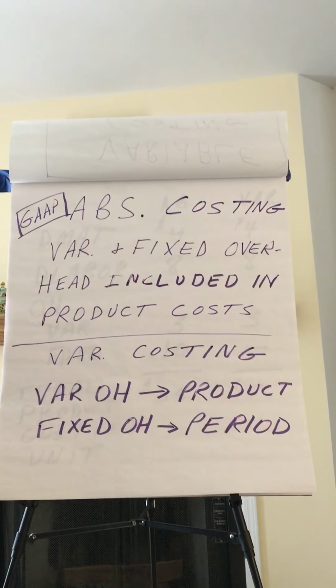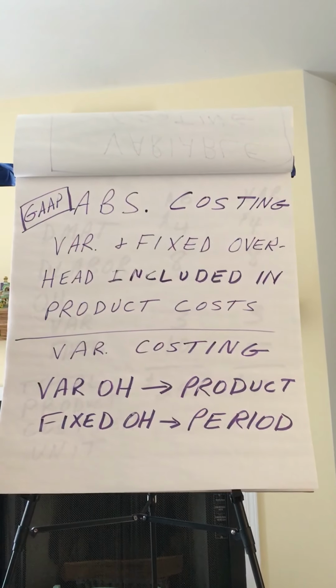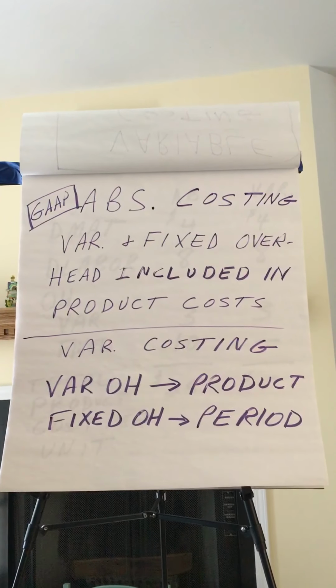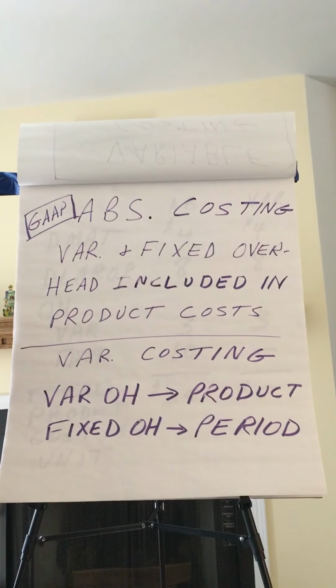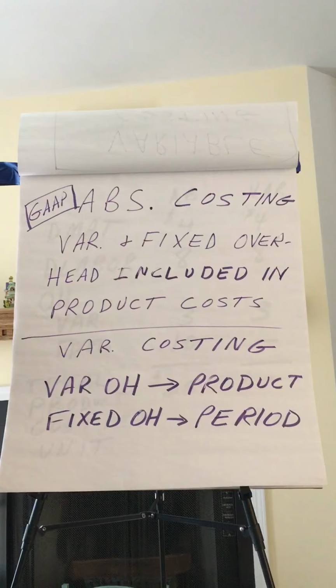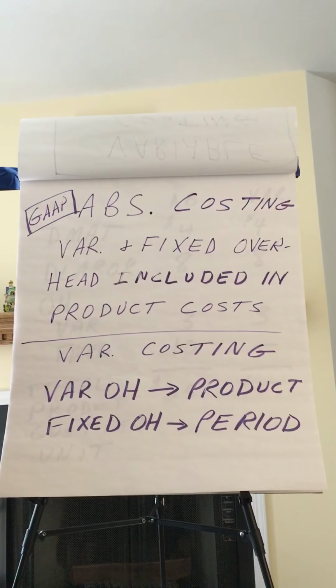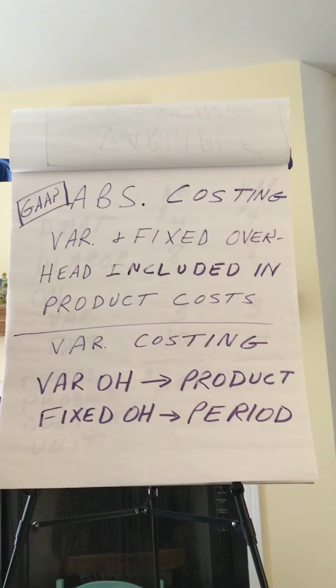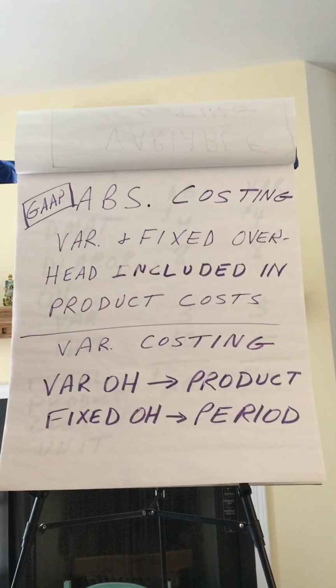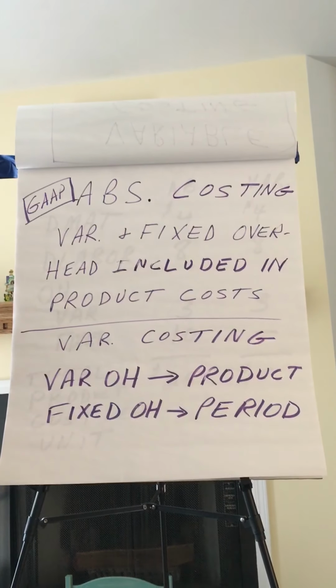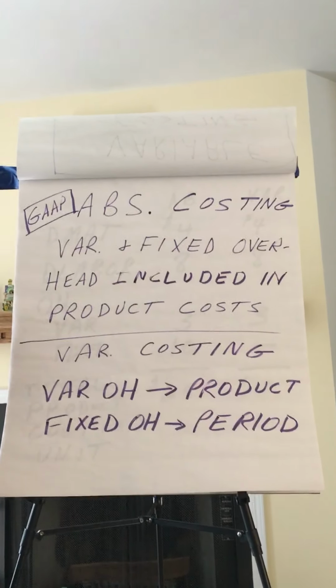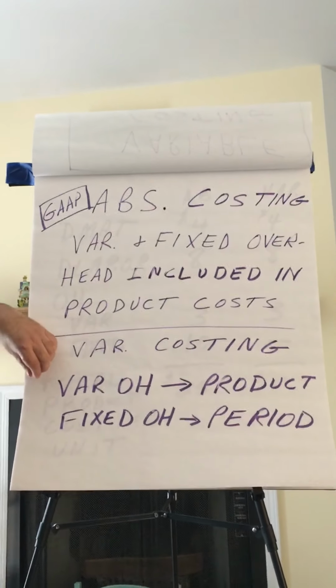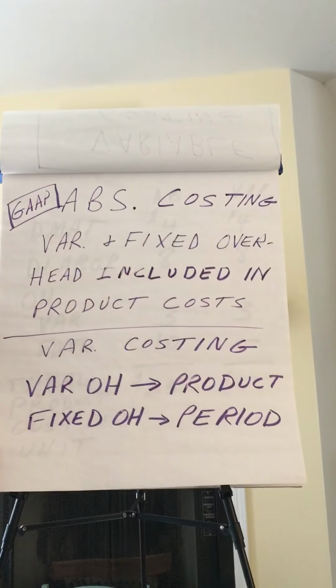All together. Variable costing, they look at the overhead and the direct materials and the direct labor, and those are all counted as product costs, and the fixed overhead is counted as period costs. Period costs take place during a certain period of time, hence period costs. That's the main difference between reporting.